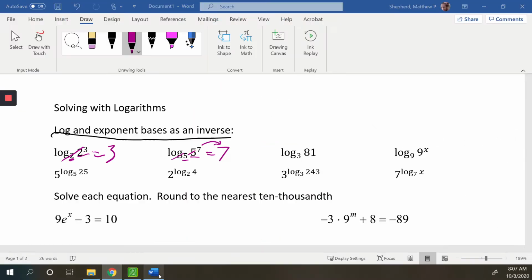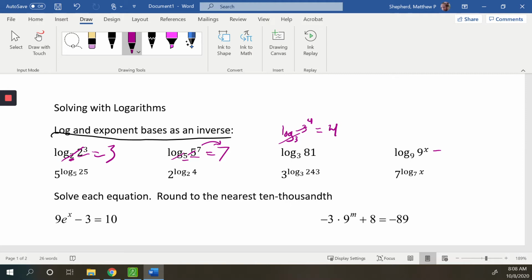So we can switch up that entire equation right here to be saying that the log base 3 of 3 to the power of 4 is going to equal what? Well, 3 to the power of what is equal to 3 to the power of 4? 4. The log base 3 and the exponent base of 3 eliminate, and we're left with 4.